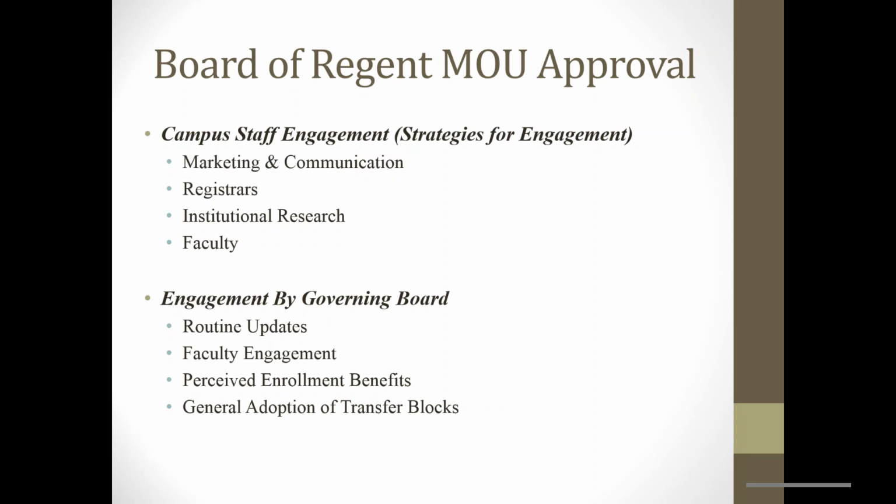The one critical piece that we built into this process was that our board was signing off on the principle of the transfer blocks as proposed, but it still gives us the flexibility within the Academic Affairs Council and the people I have engaged in this process to make modifications as needed over time. And so I don't have to take it back to the board and get their approval every time a course gets dropped off or added to our passport block.